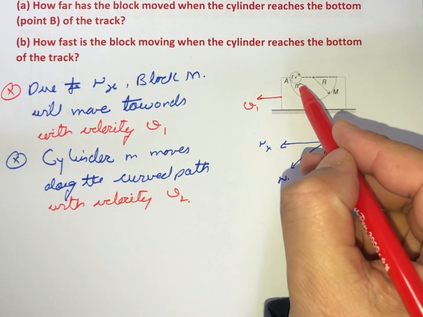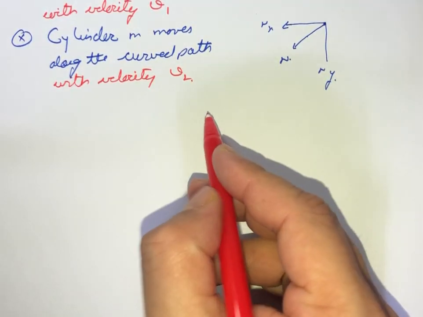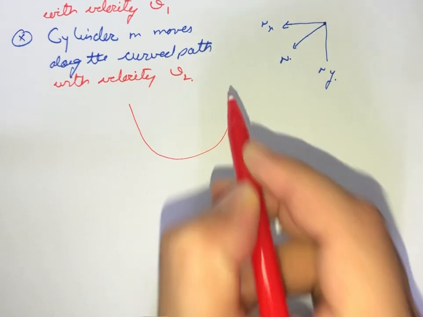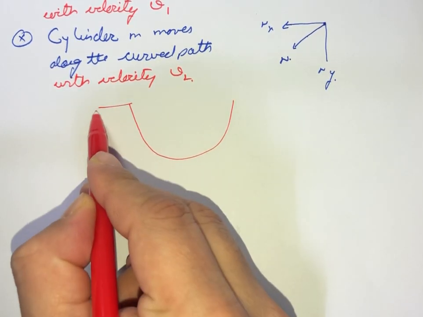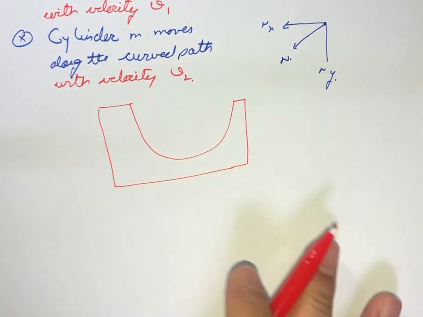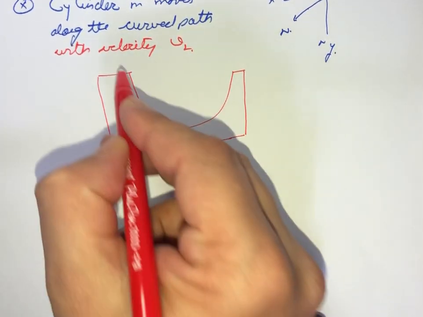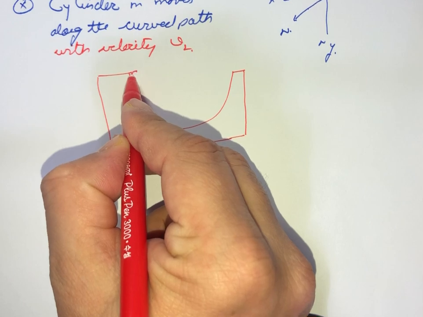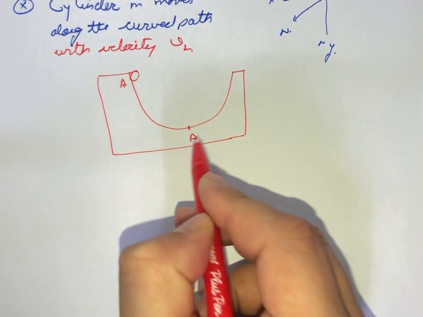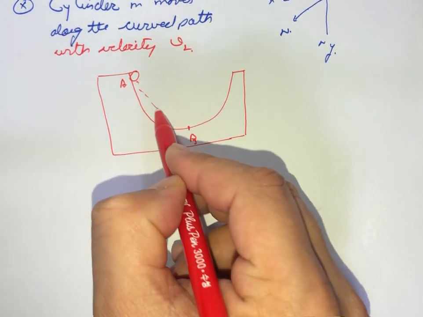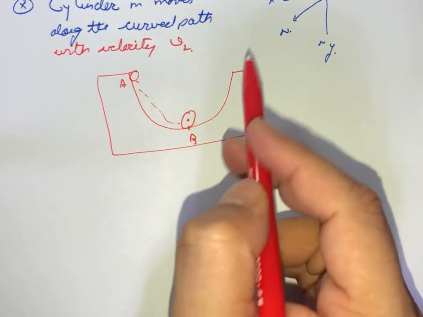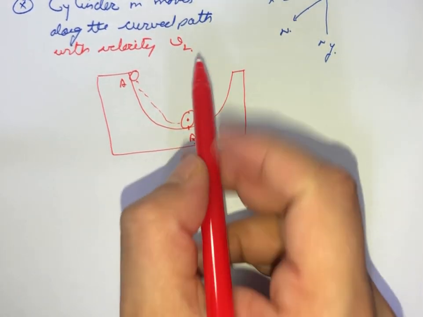Let me draw it here. So we have this curved path, and the cylinder starts from point A, and this is the lowest point B. So it travels like this and reaches point B, and its radius is given as small r.